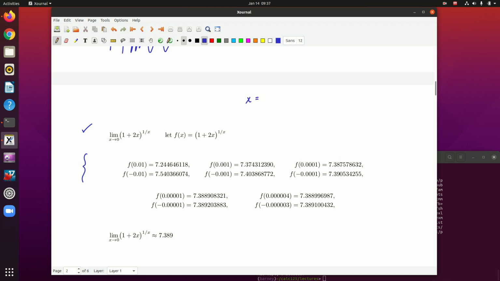If you put in x equals 1/2, this would say 1 plus 2 times 1/2. That's 1 plus 1. And then you take 1 over x, and that's going to be 1 over 1/2, which is 2. So we get 2 squared, or 4. If you put in 1/3, you're going to get 1 plus 2/3.